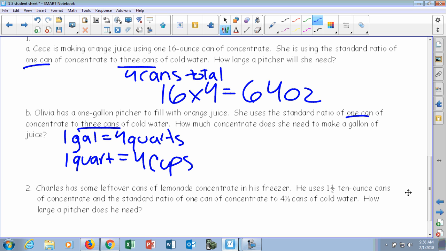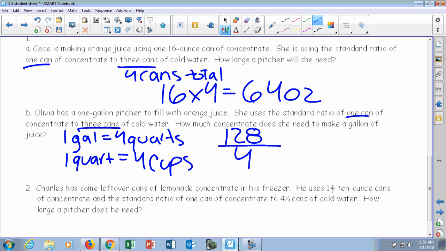Not quite. 32. Who said that? Lily? So how did you get that? Well, I did it different ways. So I did the 128, which is 1 gallon. 1 gallon is 128. Okay, and then what did you do? I divided it by the 4 because that's the amount we have total. I divided that, I got 32.